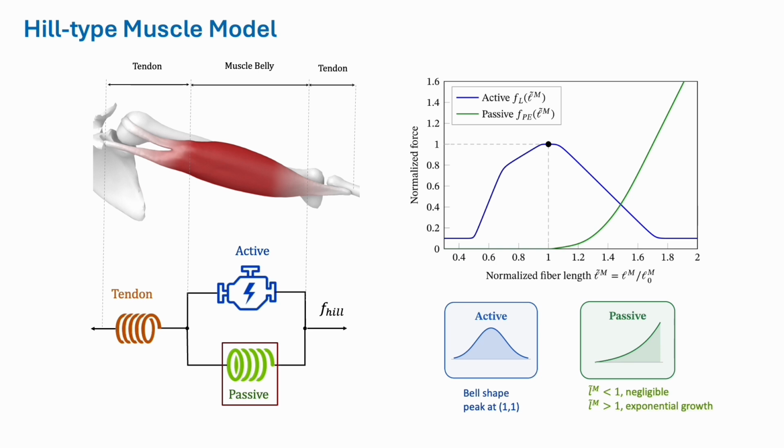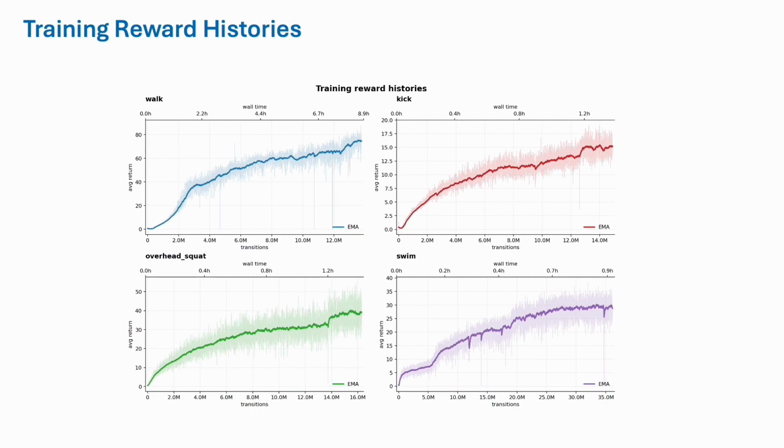The passive element is the surrounding connective tissue, negligible up to the optimal length, then growing exponentially as it is stretched. The key point is that this same law is later injected into the three-dimensional solver, so both stages share one constitutive relation. The tracking reward rises steadily and plateaus, confirming that the two co-trained networks converge to a high-quality tracking solution.